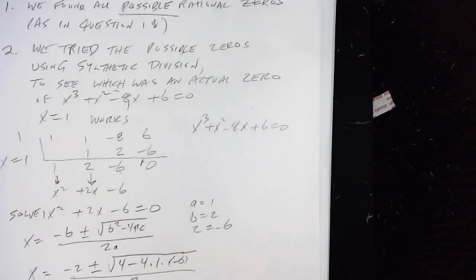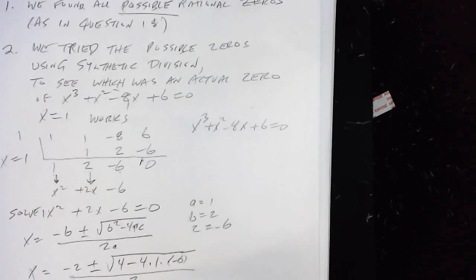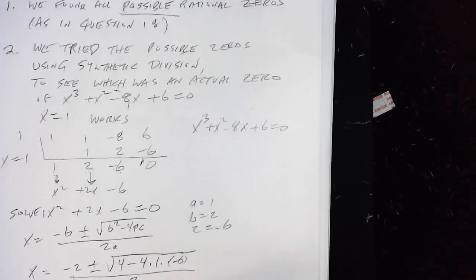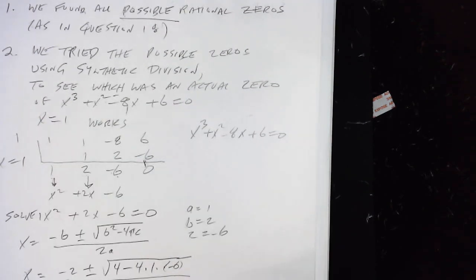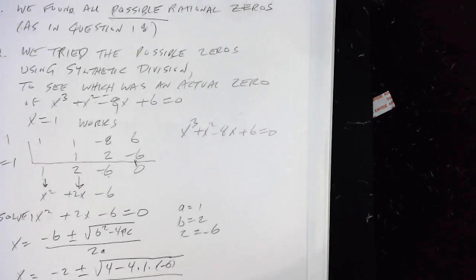And now I'll write it this time like this: negative 2 over 2 plus or minus the square root of, turns out to be underneath there, 28, all over 2. And I can simplify that into this equals a negative 1 plus or minus.